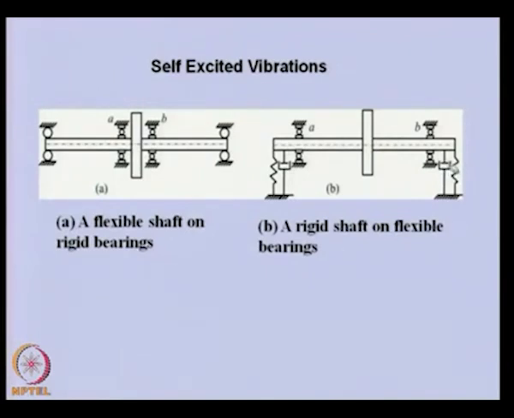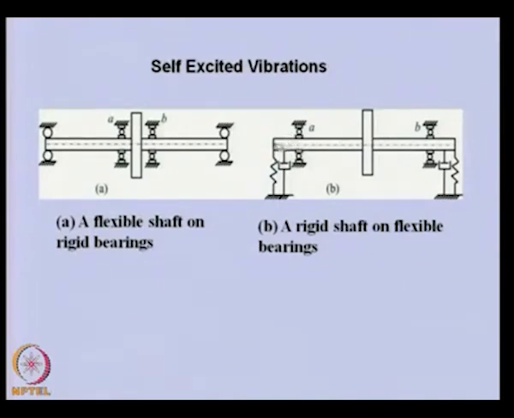Now if we try to arrest the motion of the shaft at the ends by providing a rolling element bearing and fixing that rolling bearing to a stator, we are preventing the motion of the shaft ends. Then we will see that when we stop the motion of the shaft ends, the self-excited force that was generated earlier also dies down, so it will not be present.